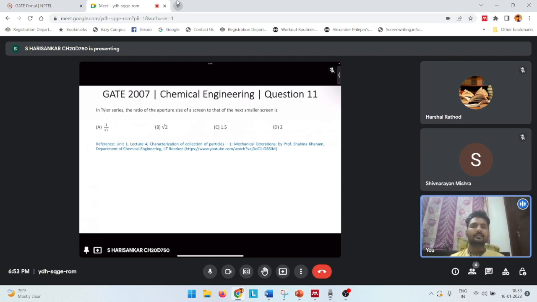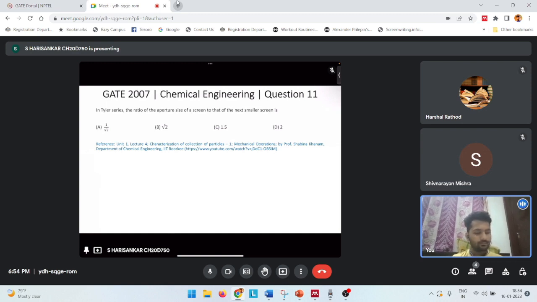In Taylor series, the ratio of the aperture size of a screen to that of the next smaller screen is, and the options are 1 by root 2, root 2, 1.5 and 2. So this is a question from the screening part in mechanical operations, and the reference NPTEL series can be found in Unit 1, Lecture 4, Characterization of Collection of Particles 1, Mechanical Operations by Professor Shabina Khanam, Department of Chemical Engineering, IIT Roorkee.